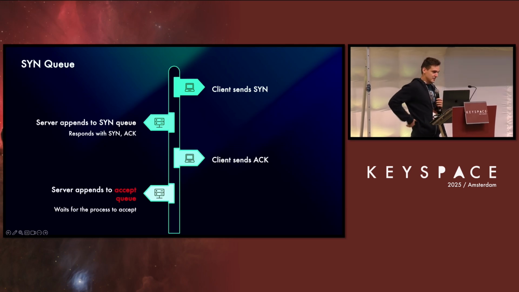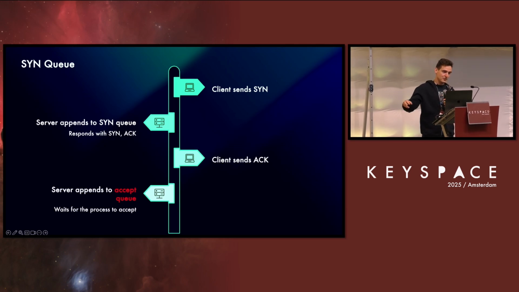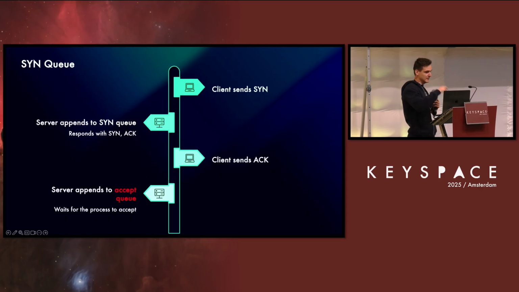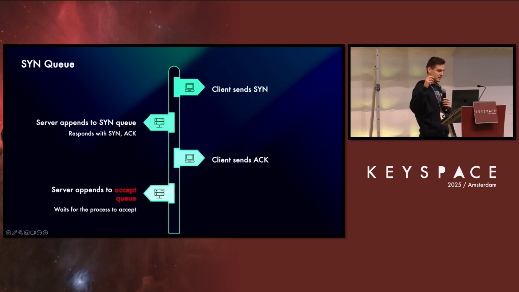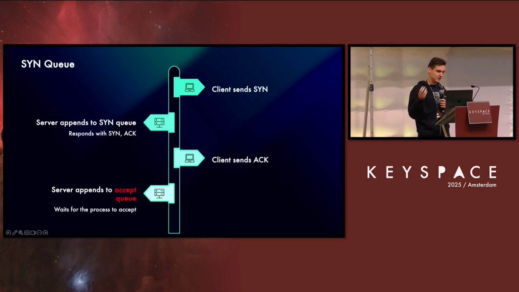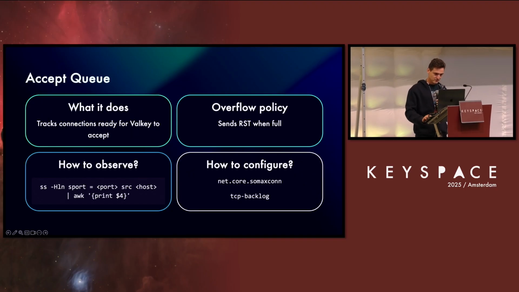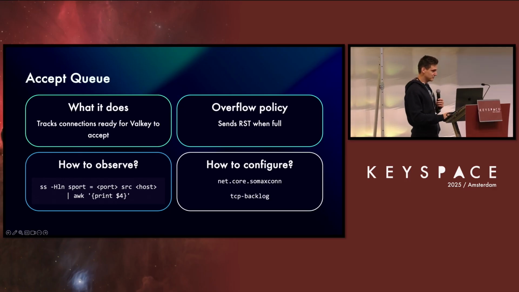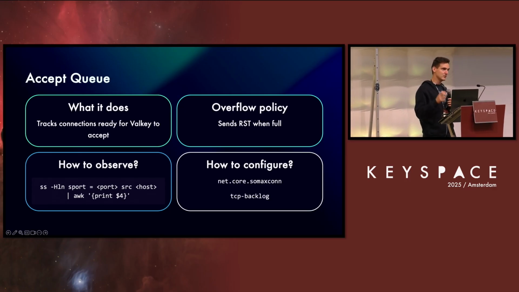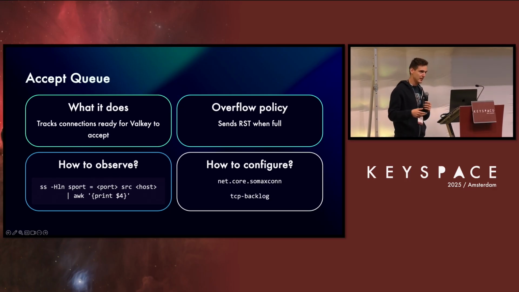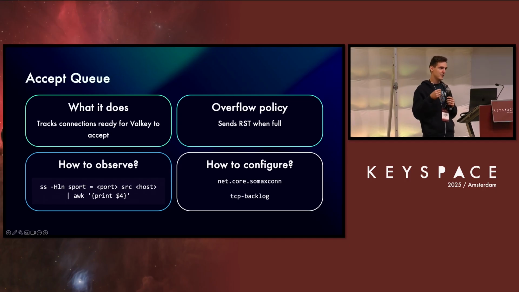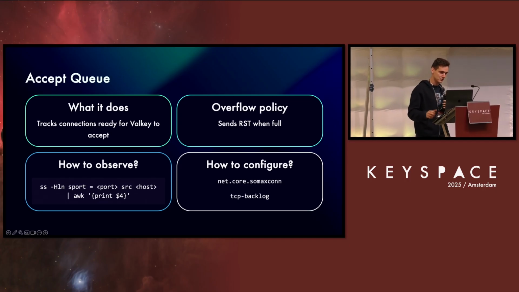After the server puts the entry into the SYN queue, it responds with SYN-ACK. The client receives it and finishes the connection with ACK. At this point, the kernel puts the connection into the accept queue, another useful data structure that tracks all the connections that finished the TCP handshake and are waiting for the process to accept them.